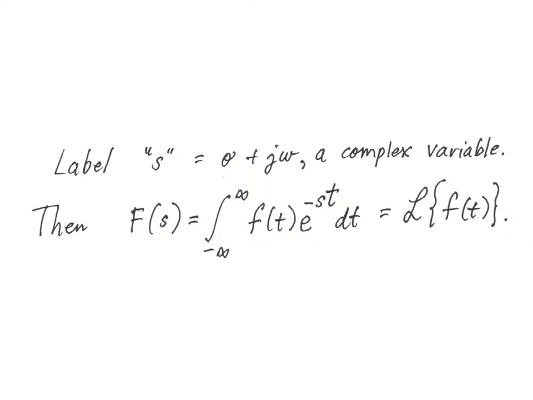The Laplace transform is a generalization because, as we will see, now this function of s, where s is complex, contains as a subset the Fourier transform, but also expands the region into the entire S-plane where the transform may be evaluated.